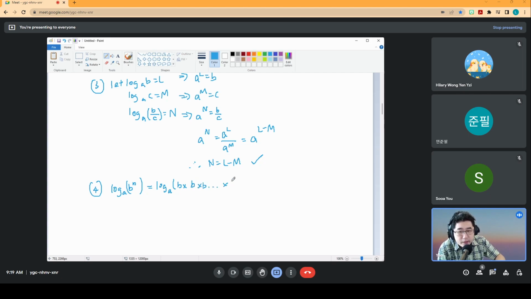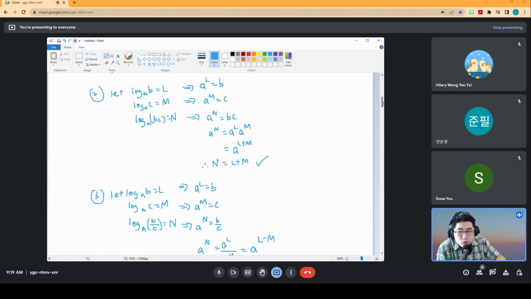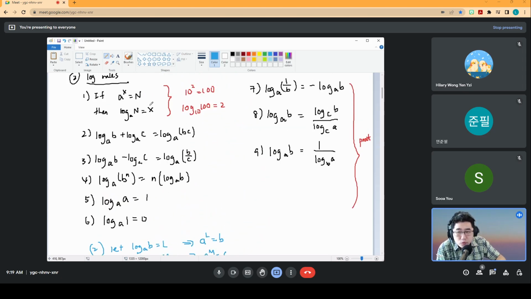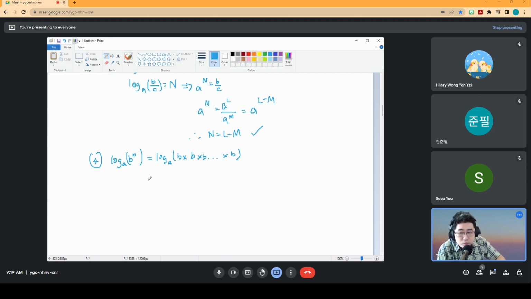According to rule 2, when you have multiplication of items, you can write them in the form of plus. Therefore, I can write log_a b plus log_a b plus log_a b until the last one.